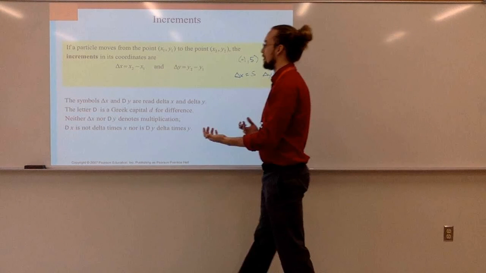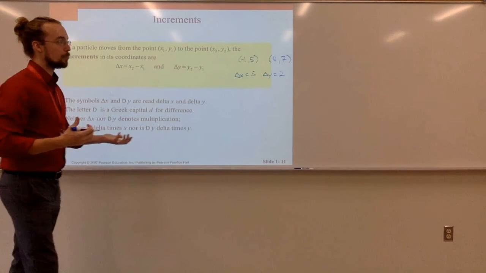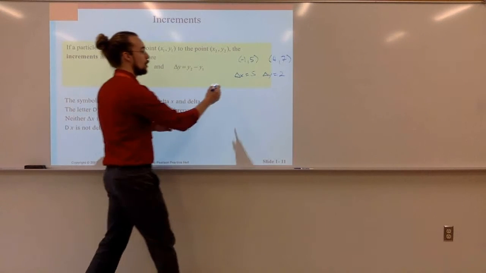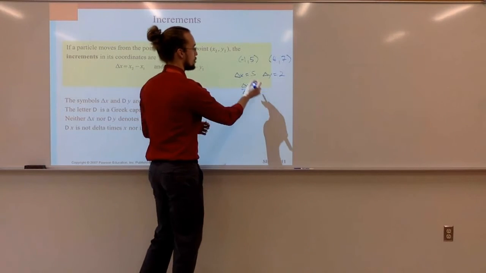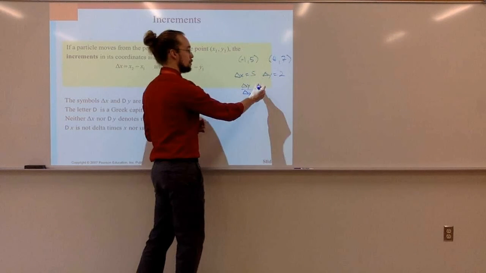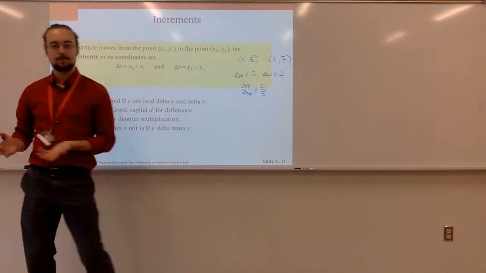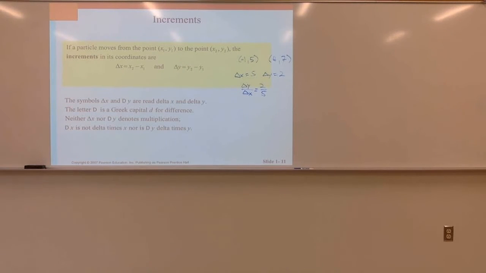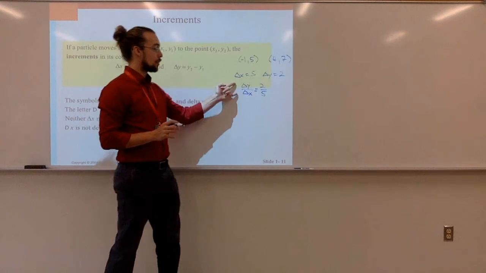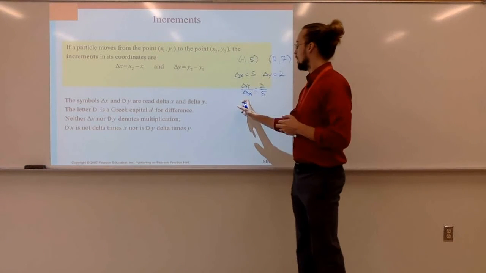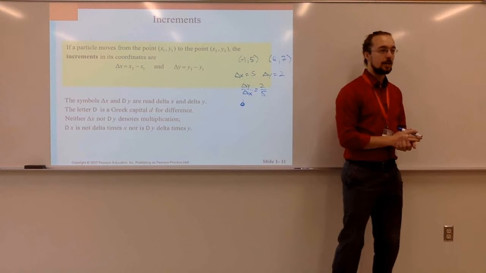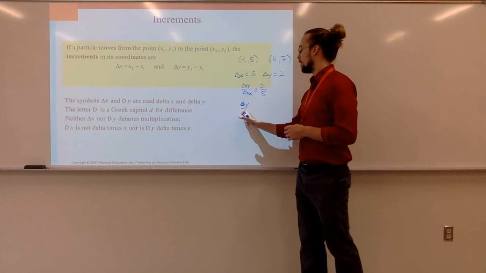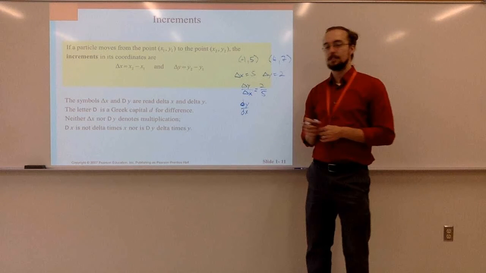Okay, so then the next step is defining slope using those ideas. So we can say, well, slope is the change in y over the change in x. So for this example, my slope would be 2/5. Now, in calculus, if we are going to use this slope idea a lot, instead of writing the triangle to signify delta, what we actually just end up writing is a d, okay, dy dx.